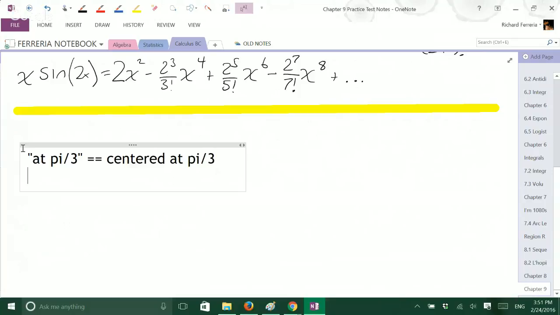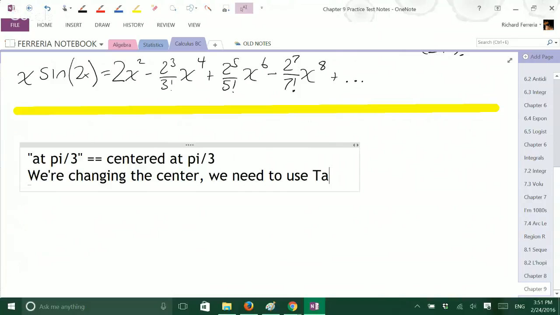We're changing the center, so whenever you change the center, you need to go through Taylor's theorem. We need to use Taylor's theorem.